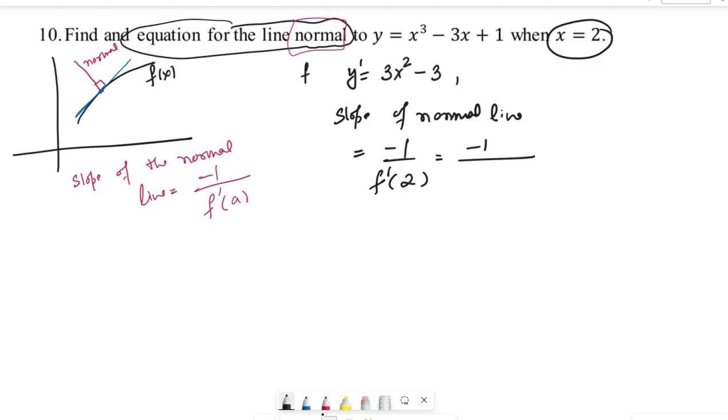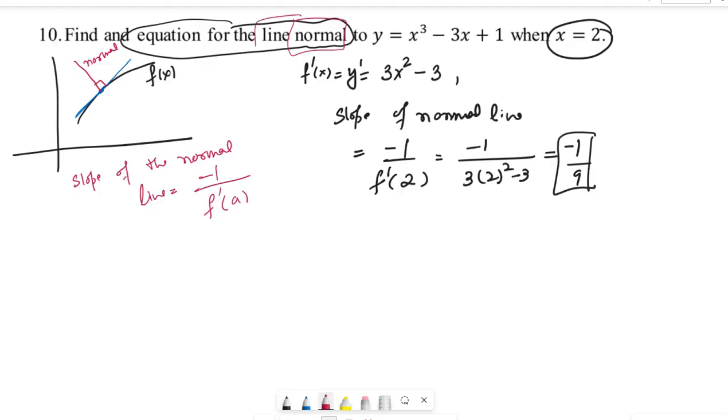This is f of x, f prime of x, basically. So that's 3 times 2 squared minus 3. Negative 1 by 3 times 2 squared, which is 3 times 4, 12, minus 3 is 9. This is your slope of the normal line.